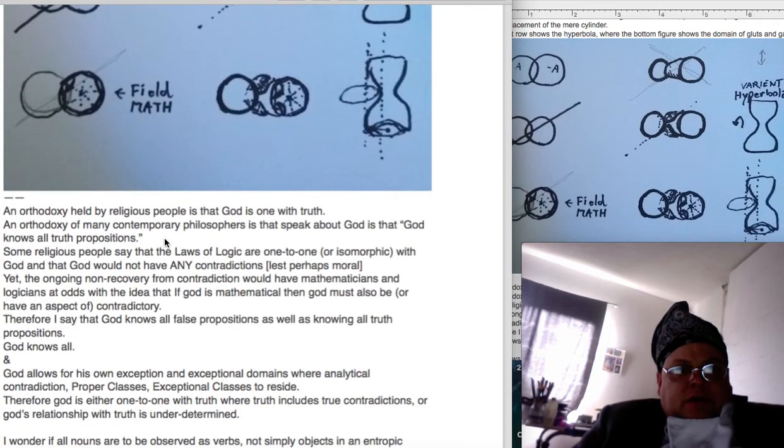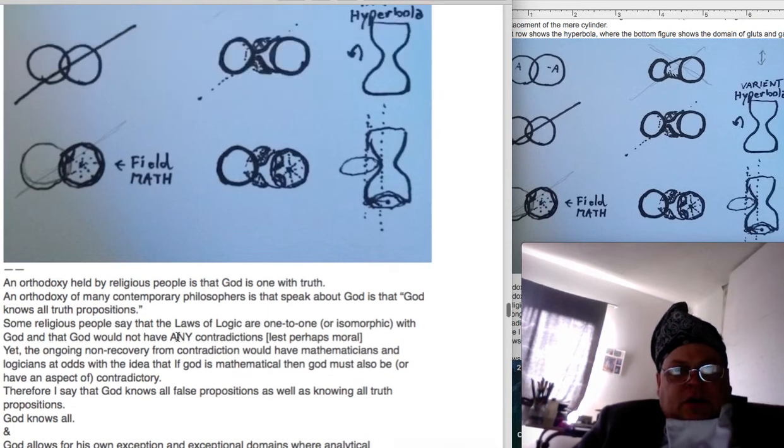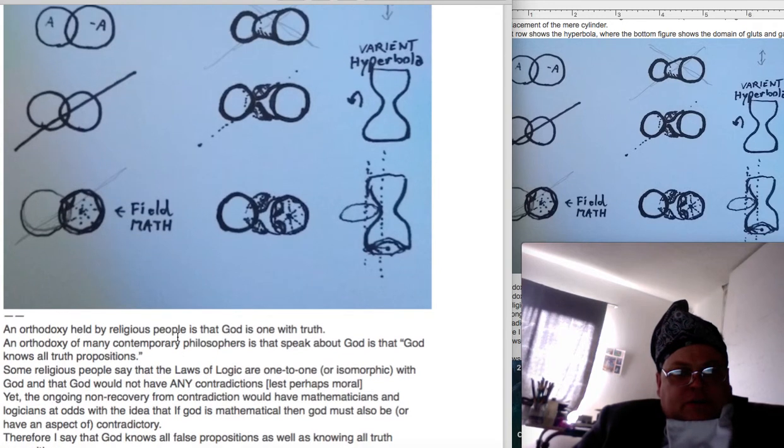An orthodoxy held by religious people is that God is one with truth. An orthodoxy of many contemporary philosophers when they speak about God is that God knows all true propositions. Some religious people say that the laws of logic are one-to-one or isomorphic with God, and that God would not have any contradictions, barring perhaps moral ones.